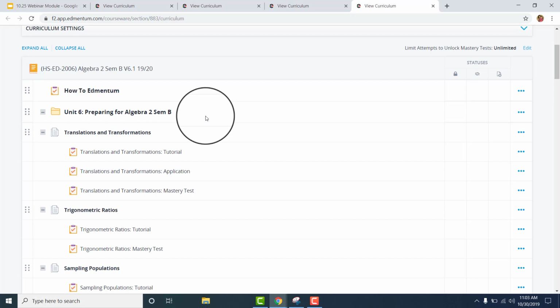In Edmentum, the course originally was only 4 units for each semester, and we needed to create 5 units. Therefore, we have pulled some review modules from other courses in order to prepare them for the rest of the semester. So again, in Semester A and in Semester B, the first units are preparation units for the remaining semester.